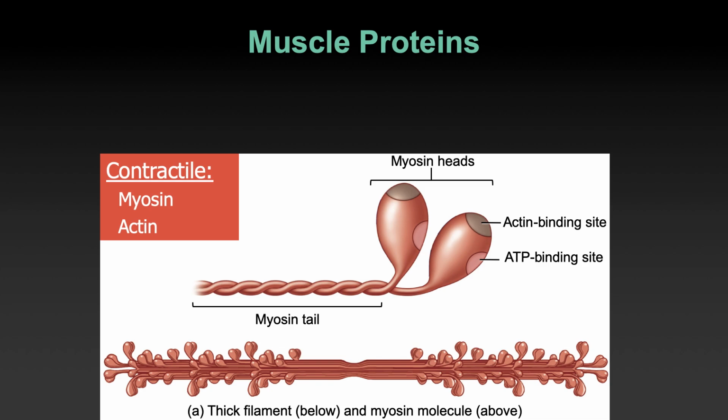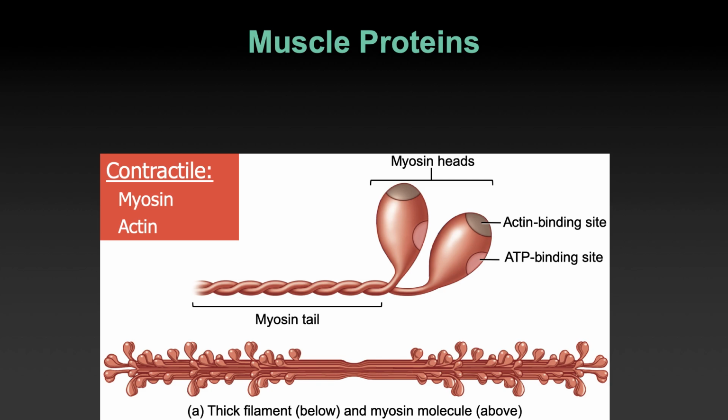It essentially pulls on actin. Think of it kind of like climbing a rope in the gym, which we never really do in the gym anymore, but in old-timey PE class, you used to climb a rope and hit a flag at the top and try to climb down without falling. Think of it like climbing a rope. Myosin climbs the actin rope during contraction.